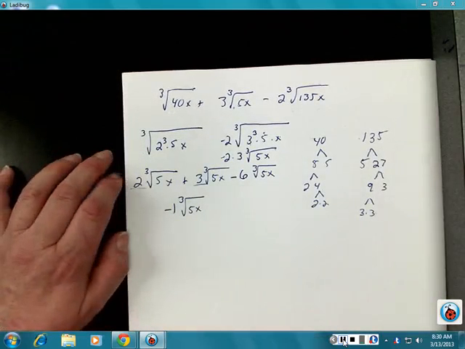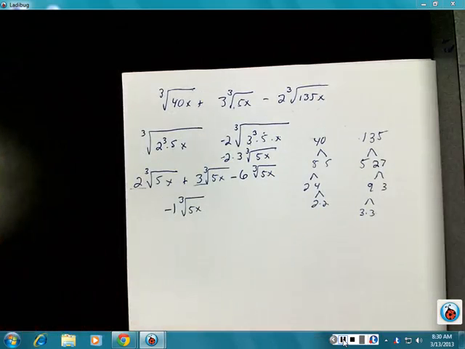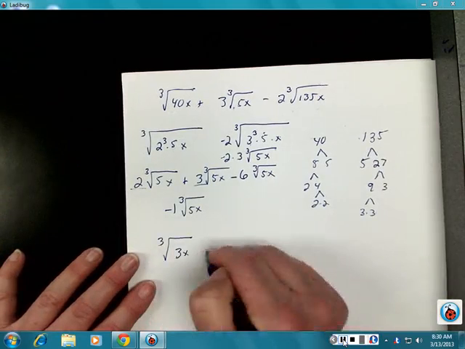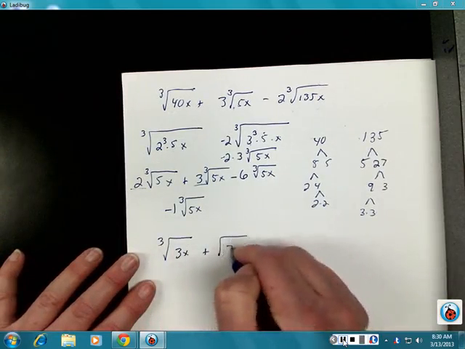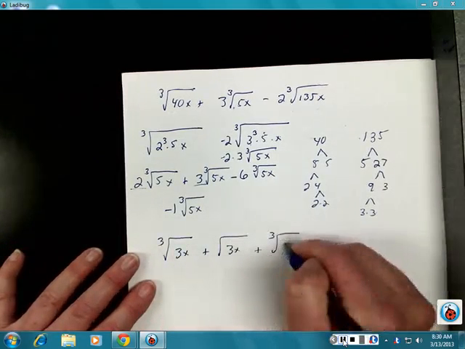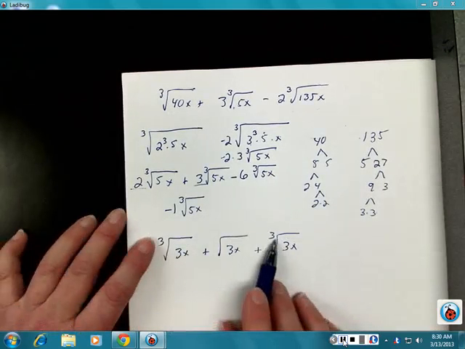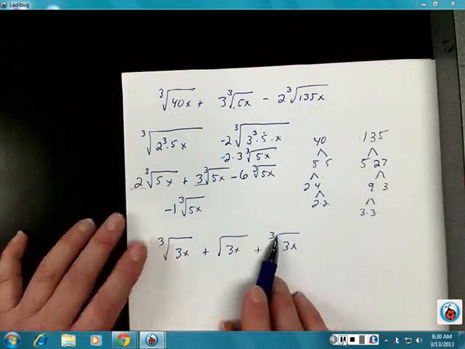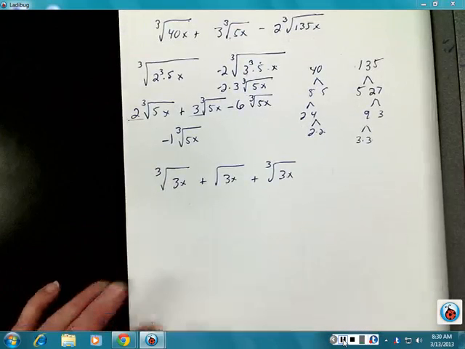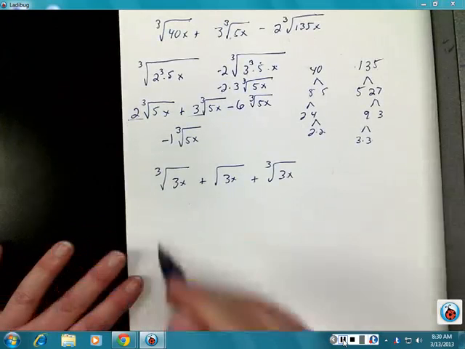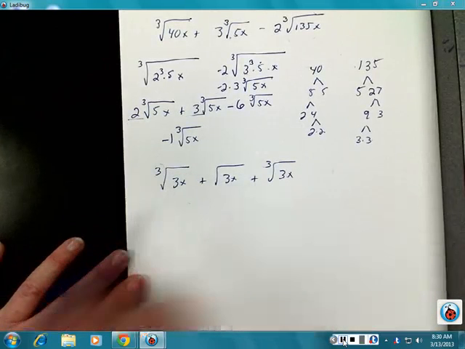Now, when you look for these that match, you also need to make sure that you have matching indexes before you put stuff together. This whole thing looks like I could just throw that whole piece together and be done with it, right? But I can't, because my cubes and my cubes have to go together.